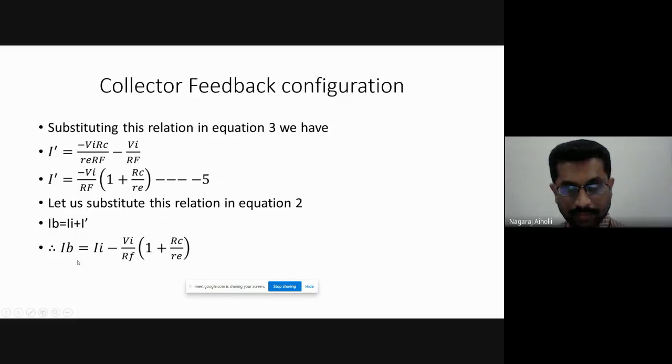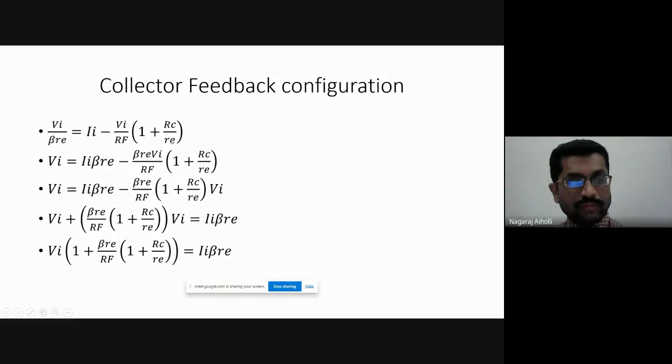Cross multiplying, I am taking beta RE to the other side. Therefore, VI will be equal to II into beta RE minus beta RE VI by RF into 1 plus RC by RE. Multiplying beta RE throughout on the RHS, VI is II beta RE minus beta RE VI by RF into 1 plus RC by RE.